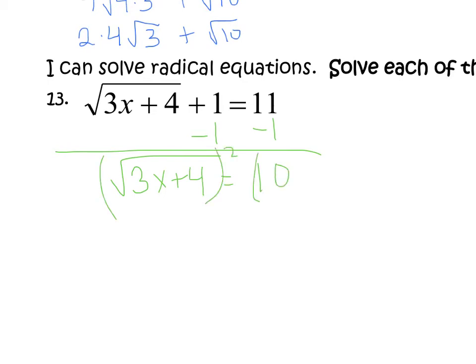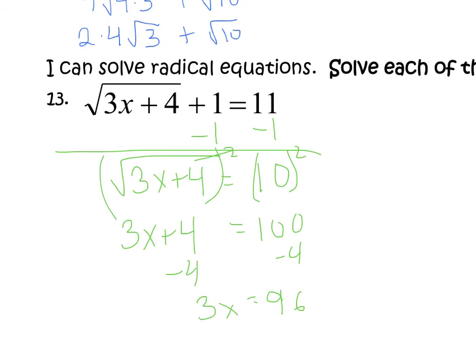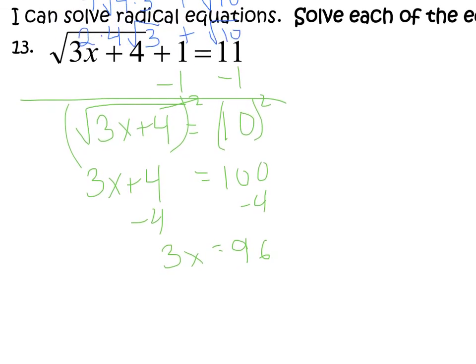Square both sides. 10 squared is 100. The left side is just the inside, because the square root and the square will cancel. Take away 4. 96 equals 3x. And if I divide by 3, I will get 6 divided by 3, 2, 9 divided by 3, 3. x equals 32.